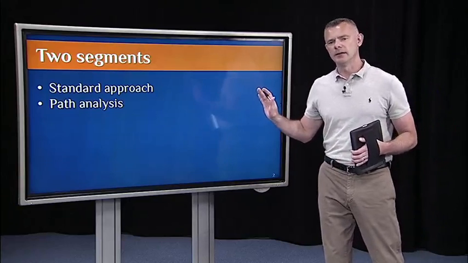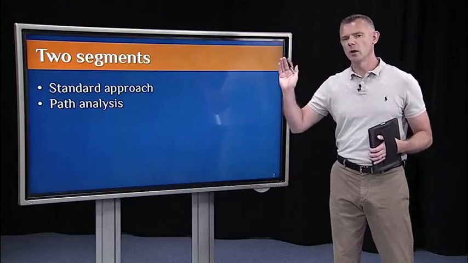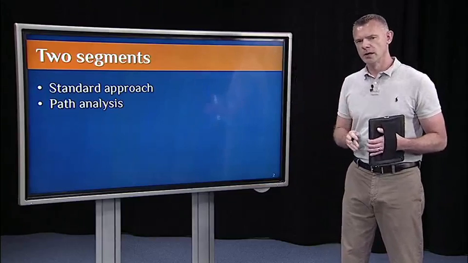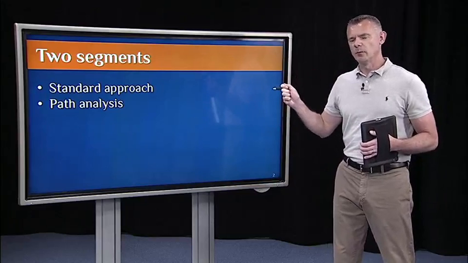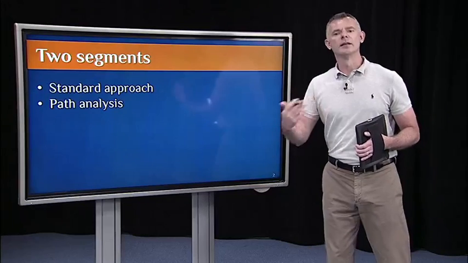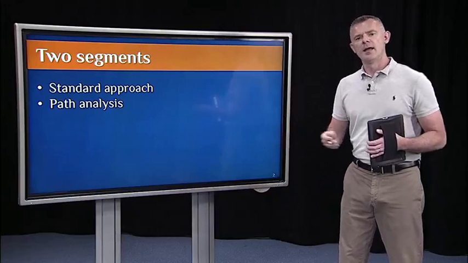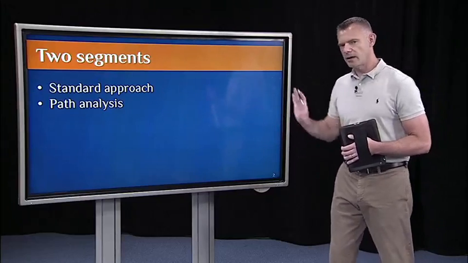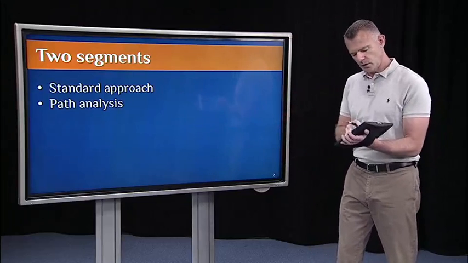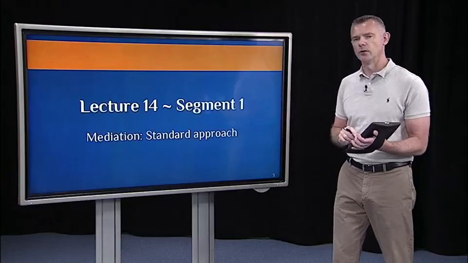Structural equation modeling is a topic that's sort of beyond the scope of an introductory stats course, so I'm not covering that in detail here, but mediation provides me with an opportunity to give you a glimpse of structural equation modeling and how powerful a tool it can be. I'll save that though for the second segment. So first, let's take the standard approach to mediation.